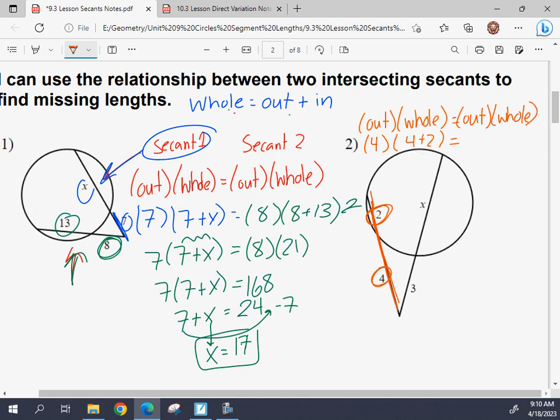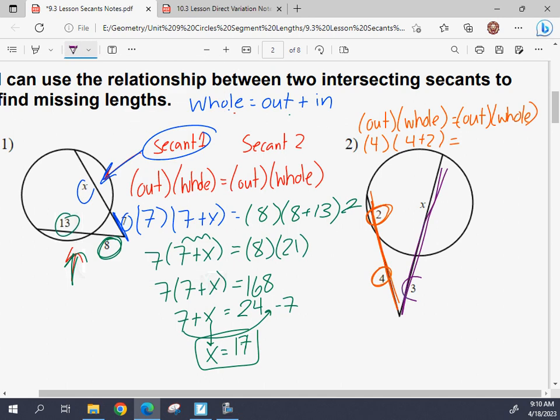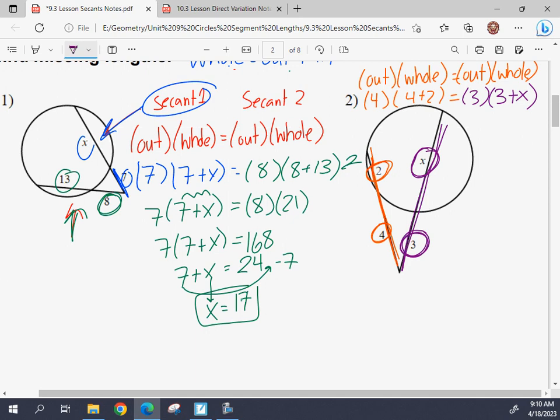For my second secant, the outside piece, the piece of that secant that's outside, is 3. The whole thing is that piece outside 3 plus x. And so I'll continue down here. 4 times 4 plus 2, well, 4 plus 2 is 6. I'm going to do 4 times 6 and get 24.